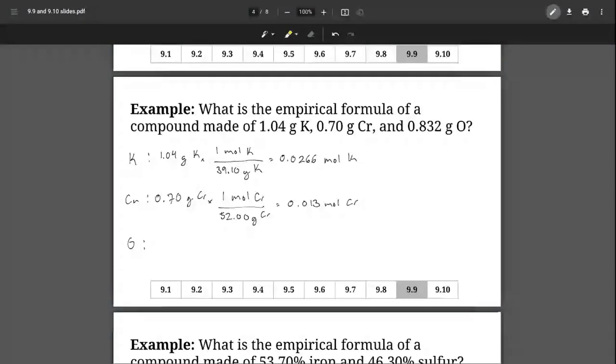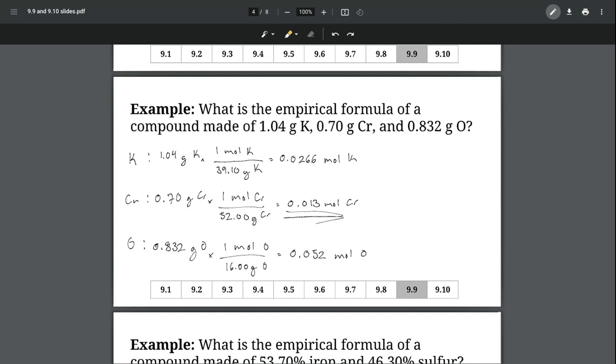And then oxygen has 0.832 grams given. In 1 mole, there are 16 grams of oxygen, which multiplies out to be 0.052 moles. Now the smallest number here is 0.013, so we're going to divide all of these by that.